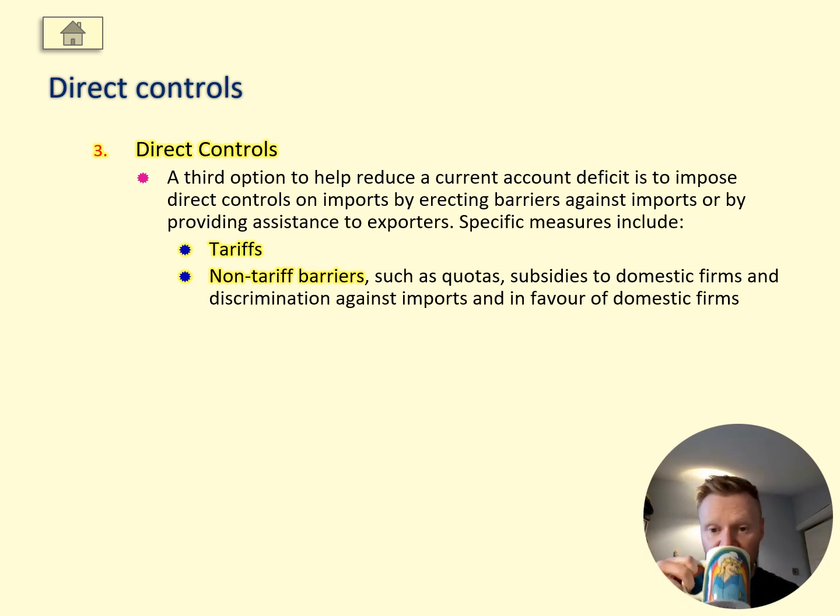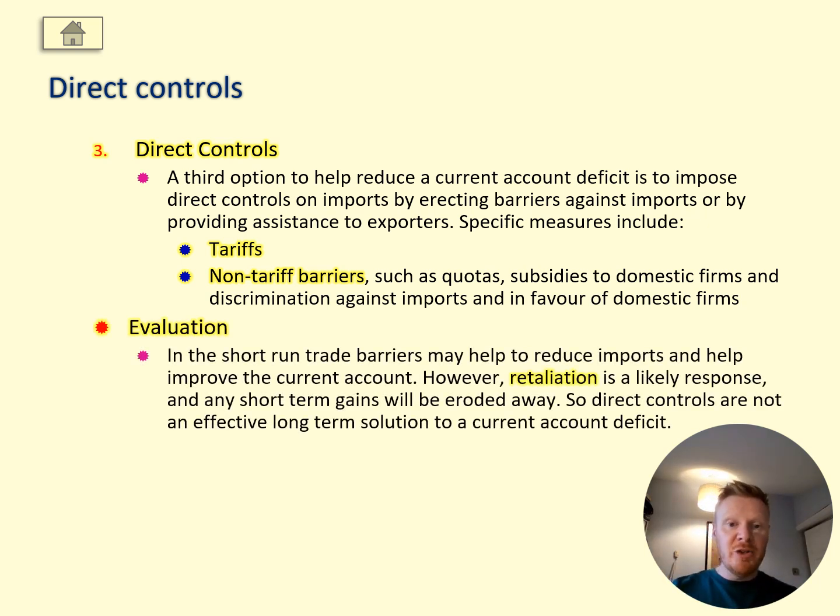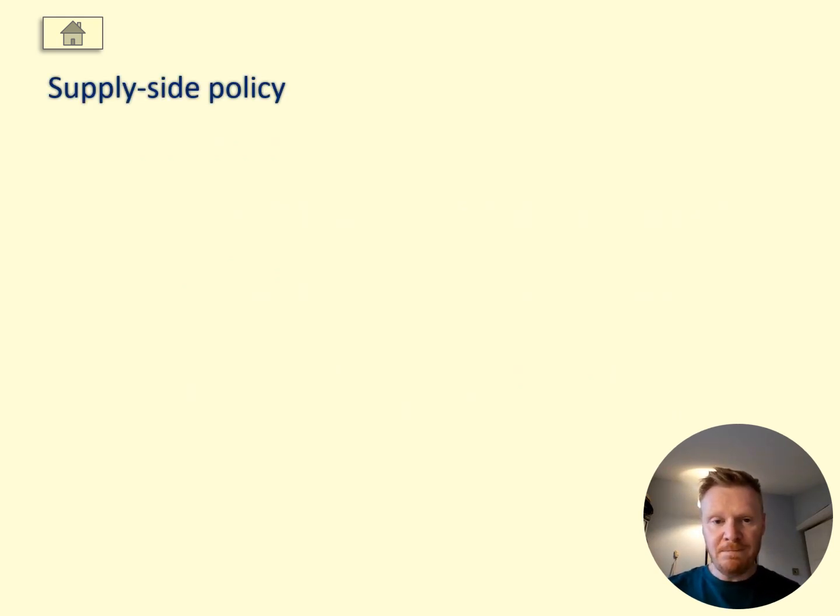All these things could be used. Evaluation of this. Well, in the short run, trade barriers may help to reduce imports and help improve the current account. However, retaliation is a likely response, and any short-term gains will be eroded away. So direct controls are not an effective long-term solution to a current account deficit.